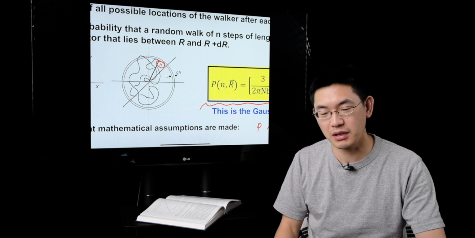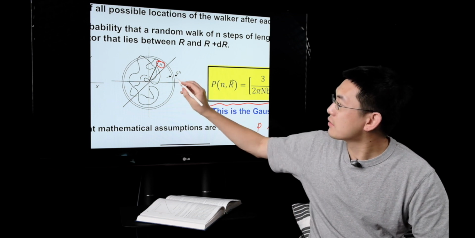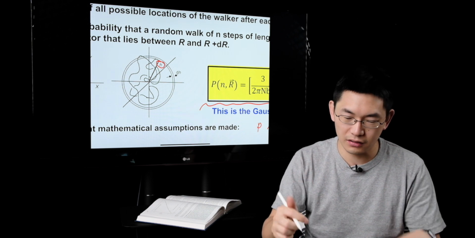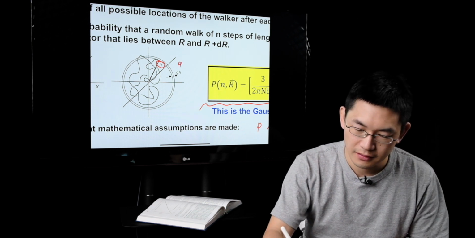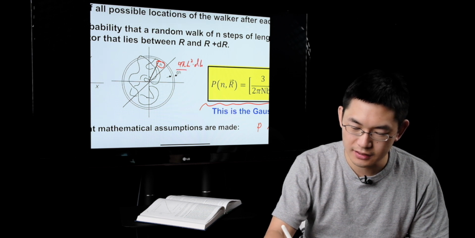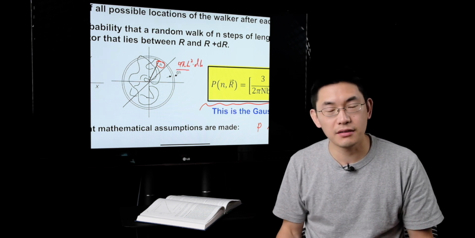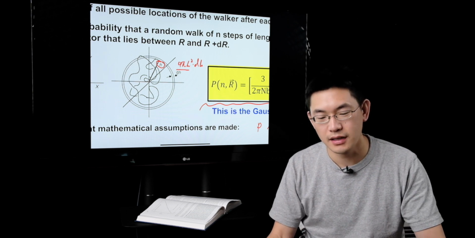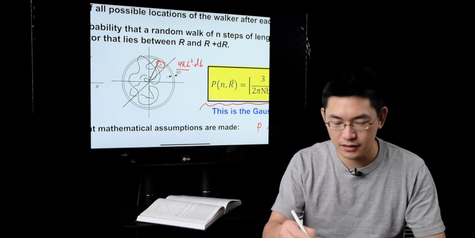How big is the chance we can find it? This will be defined by the volume 4 pi h squared dh. That's the surface area of your sphere, and dh is the increase in the length of the sphere.